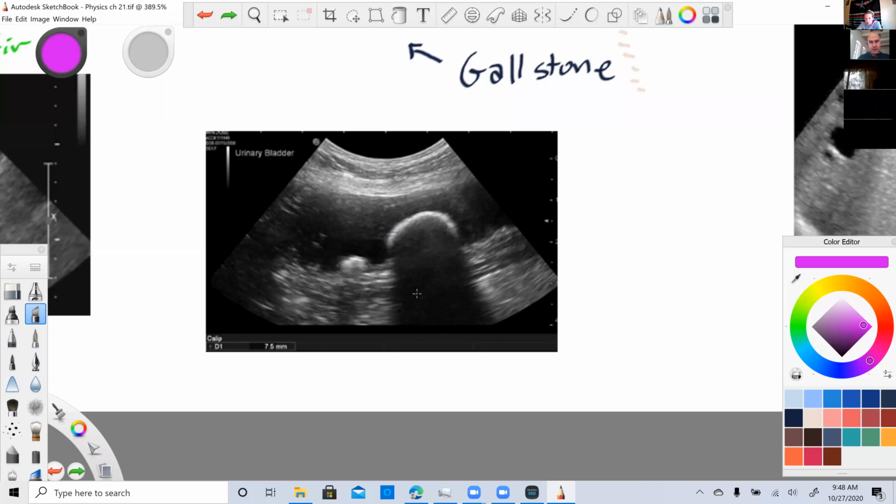So once again, zero info back here. What's interesting here is that we do have another little structure, and a tiny amount of shadowing relatively. Let's see, that's the direction of the sound beam. Yep, that's the shadow for sure.